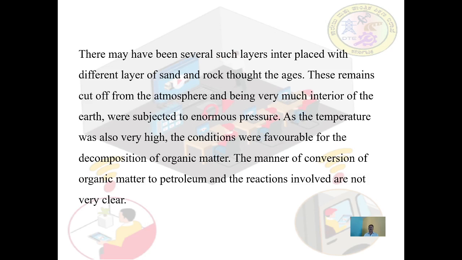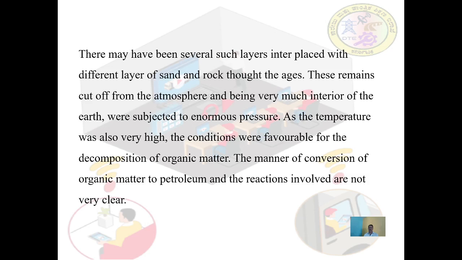There may be several such layers of sand and rock throughout the ages, and these remains cut off from the atmosphere and being very much in the interior of the earth were subjected to enormous pressure, and as the temperature was also very high, the conditions were favorable for the decomposition of organic matter into petroleum.